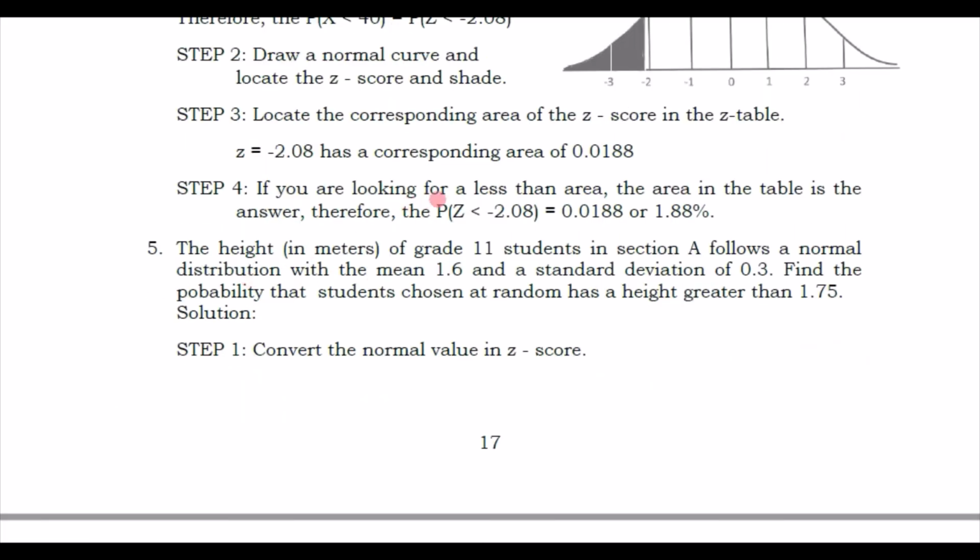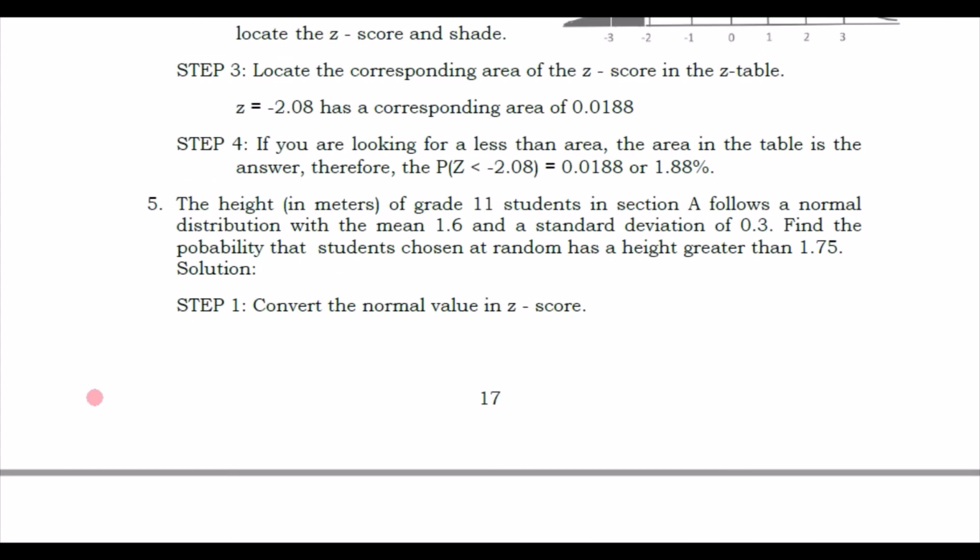Okay? If you're looking for a less than area, the area in the table is the answer. Therefore, the probability of z is less than negative 2.08 is equal to 0.0188 or 1.88%.